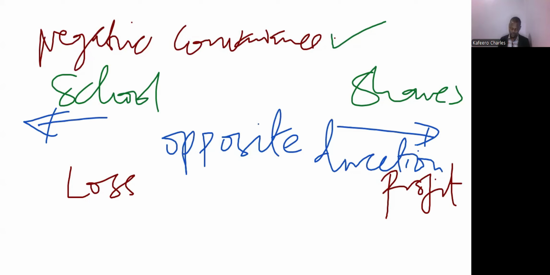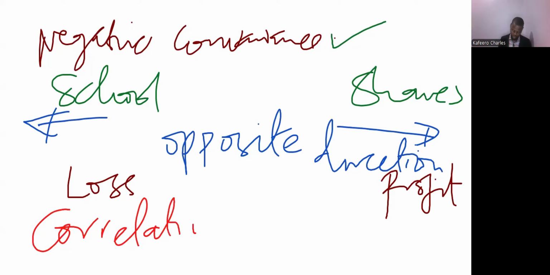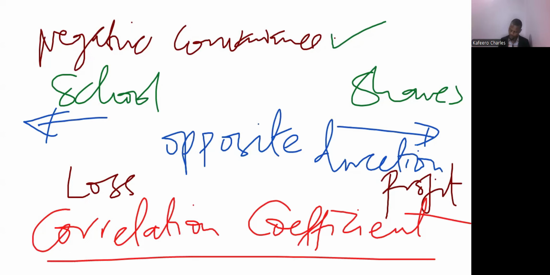So now we want to look at the correlation coefficient. How do we make a decision based on the correlation coefficient? So we know from statistics that these are more like probabilities, but these ones we can have negatives. The only difference is that we can have some negatives.